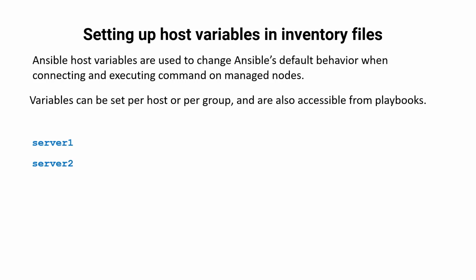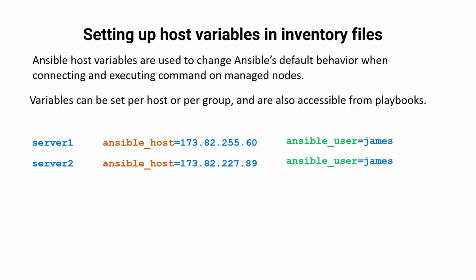From a previous example, we had this arrangement under the web servers host group. Here we used the ansible_host variable to point Ansible to the IP address of the node. Similarly, you can also determine the remote user that Ansible will use to run the commands on the remote host. Here I've used the host variable called ansible_user.